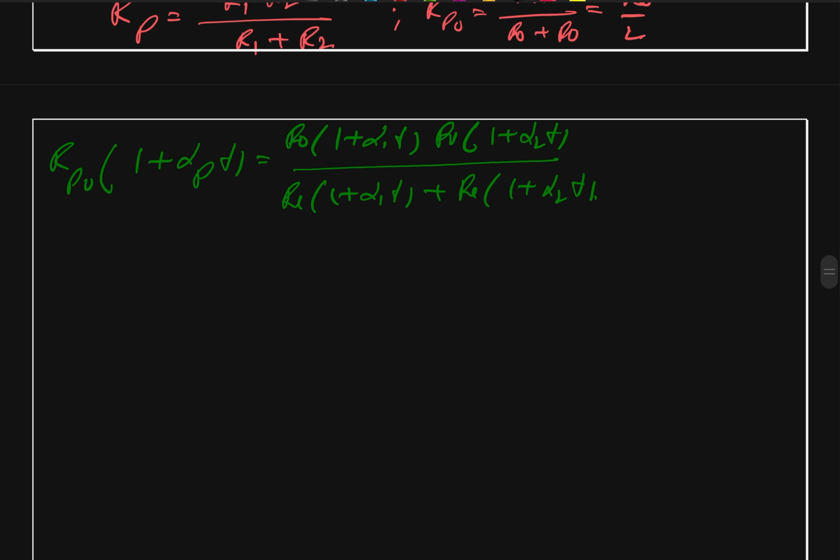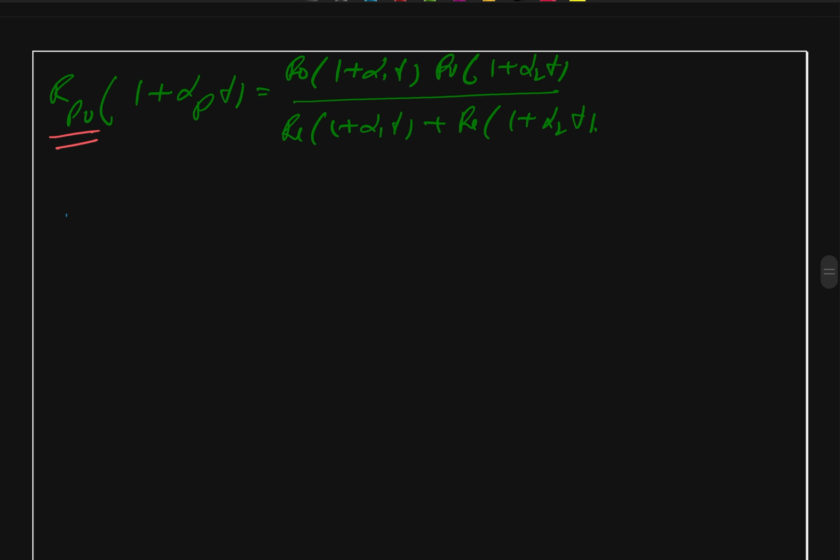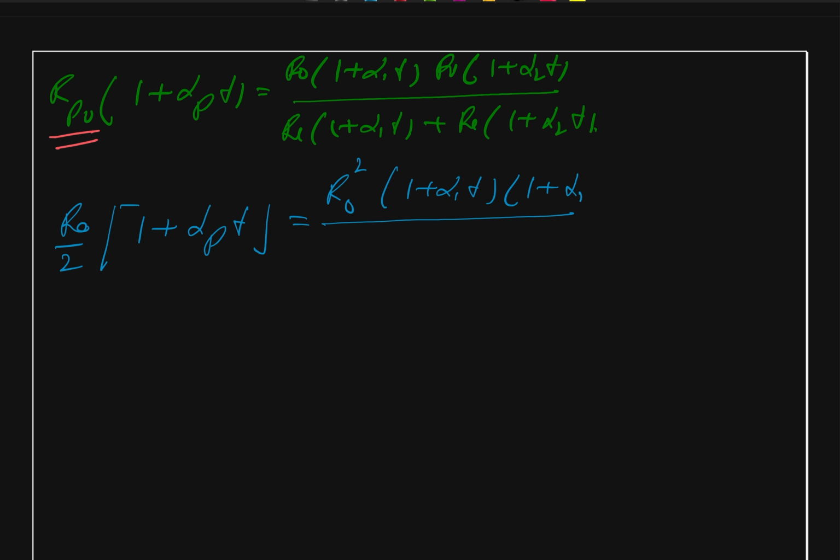Therefore, we substitute it here and we get R naught by 2 times (1 plus alpha p T). In the numerator we have the product, so this is R naught squared times (1 plus alpha 1 T) multiplied by (1 plus alpha 2 T), and in the denominator we can take R naught as common, so this will be R naught times (2 plus alpha 1 plus alpha 2 times T).